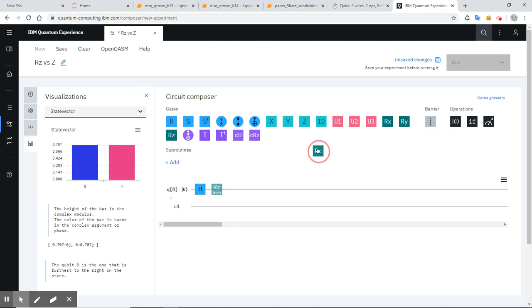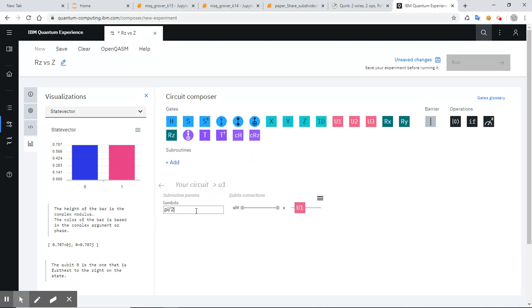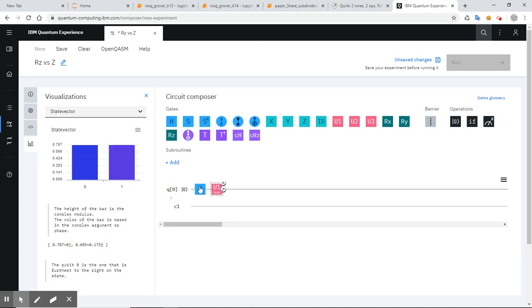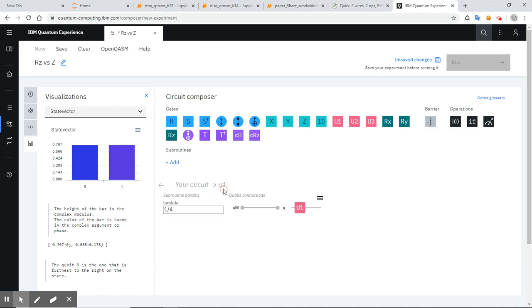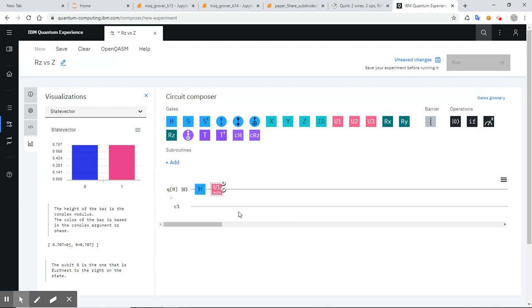So if I would use the U1, right, and I would say pi divided by 2. Can I do something like that? No, that's not the way this works. We're getting the same, literally.